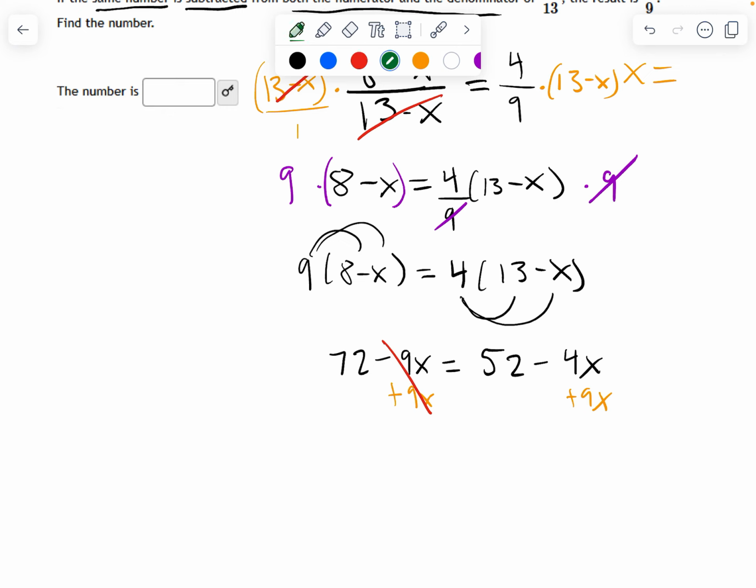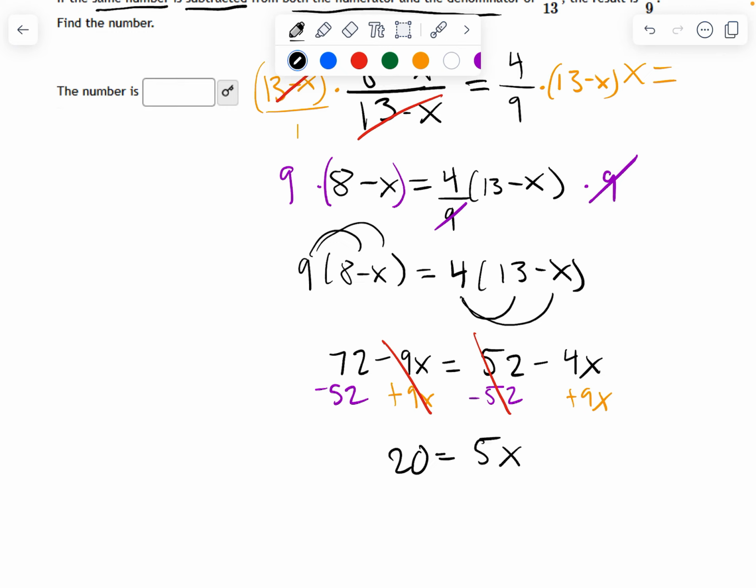And just to get my x side alone, I'm going to subtract 52 both sides as well. So 72 minus 52 should give us, what was that, 20? Equals, and then negative 4 plus 9 will give us positive 5.